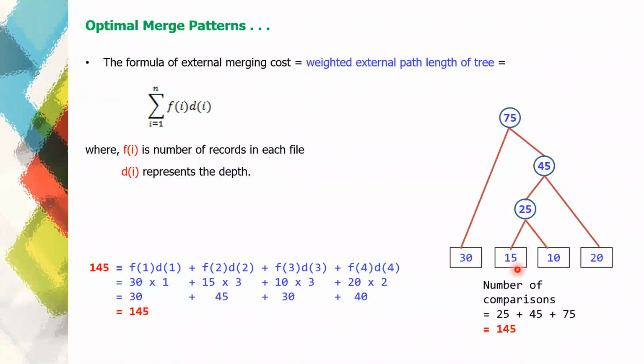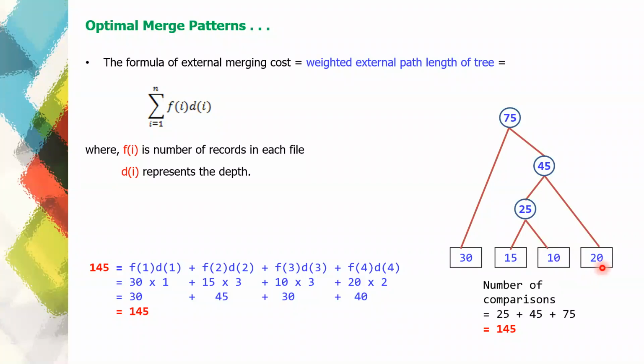List 2 size is 15. Its depth is the distance from the root node. From list 2, if you want to reach the root node, you have to travel 1, 2, and then 3. So the distance from the root node to list L2 is 3. So it is 15 into 3. In the same way, for list L3, its size is 10 into its distance from root, 1, 2, and 3. 10 into 3, 30.